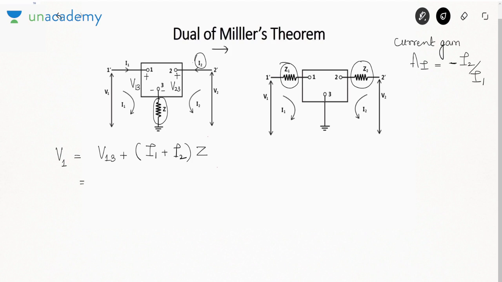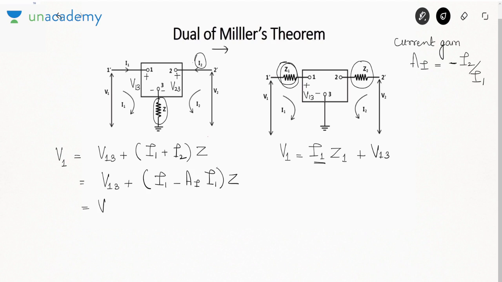So I am showing a minus sign, minus I2 by I1. So if you want to refer it only at port 1, what will you write as the equation here? V1 is I1 Z1 plus V13. This is V13. So I only want I1. I don't want I2. So what I'll do? I will replace I2 in terms of I1, as AI I1.